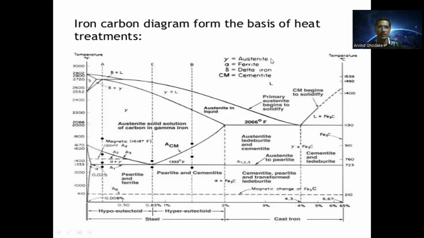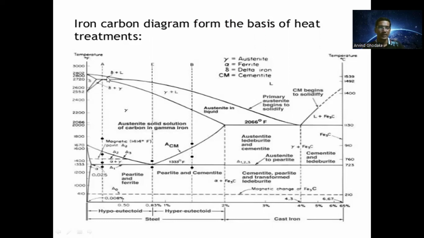Then here a liquid phase is there, here delta ferrite or delta iron phase is there, here alpha ferrite phase is there, here the percentage of carbon is 0.025, here the carbon percentage is 0.08%. This is the ACM line.